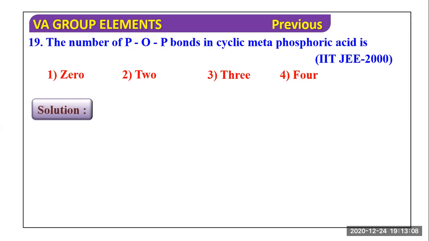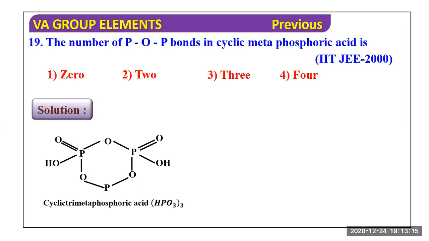Actually, what is the structure? We can readily draw this type of structure. So phosphorus, oxygen, phosphorus, oxygen, phosphorus. This type of structure is there. So the number of P-O-P bonds is 1, 2, 3.